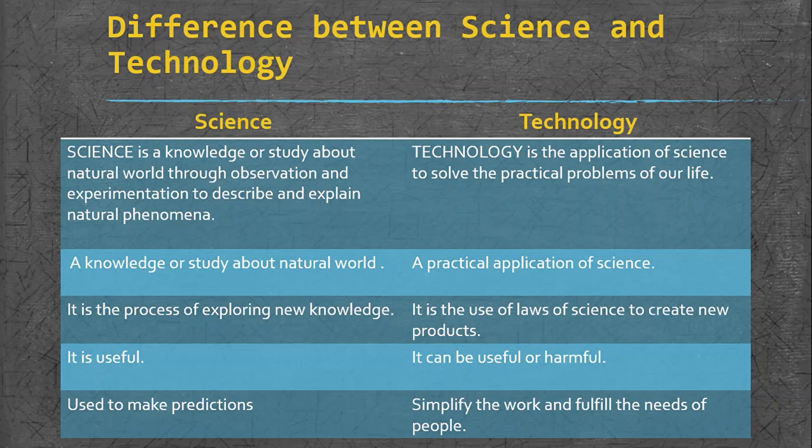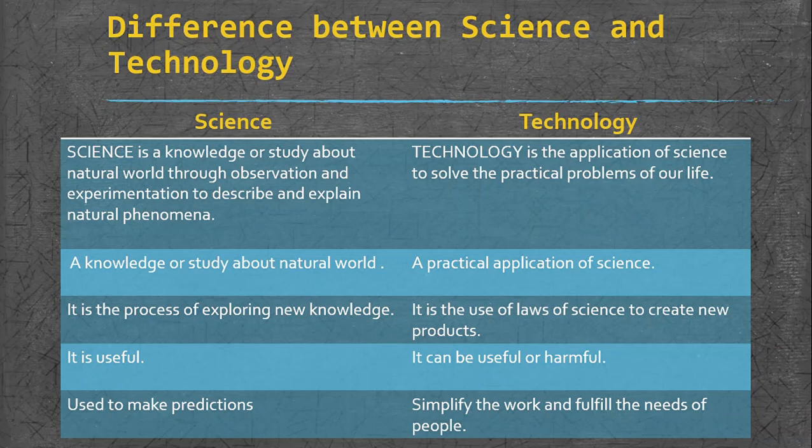For example, the use of the mobile phone. We can use a mobile phone in a very useful, very effective way. On the other hand, we can waste a lot of time behind this phone by using different social media and others. So we have to decide how we will use that technology.